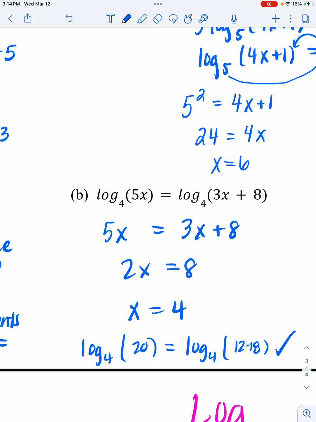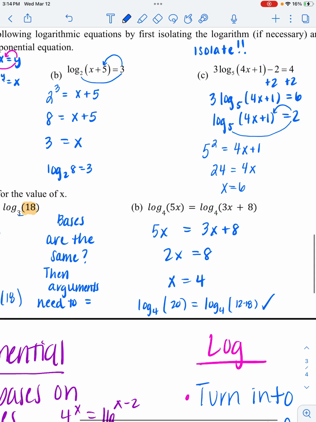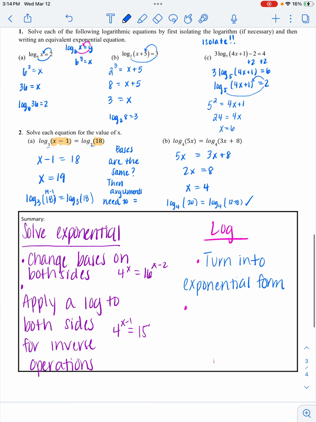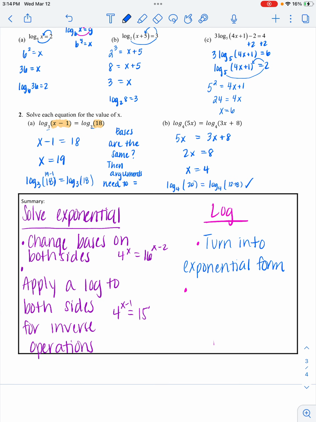Since the bases are the same, I can set the arguments equal. When I checked it, it made sense, so I'm good. So that is the other way you can apply a log equation. Okay, so if you have the same base on both sides, then set arguments equal.